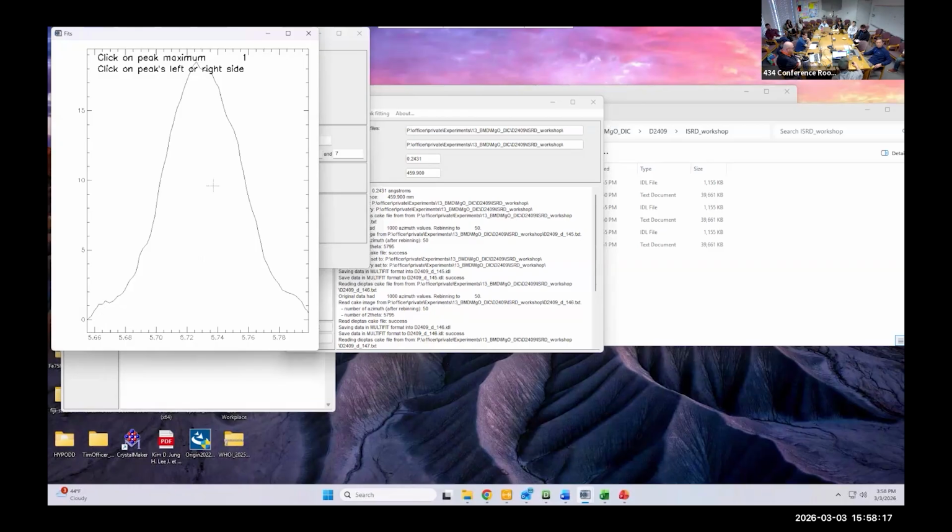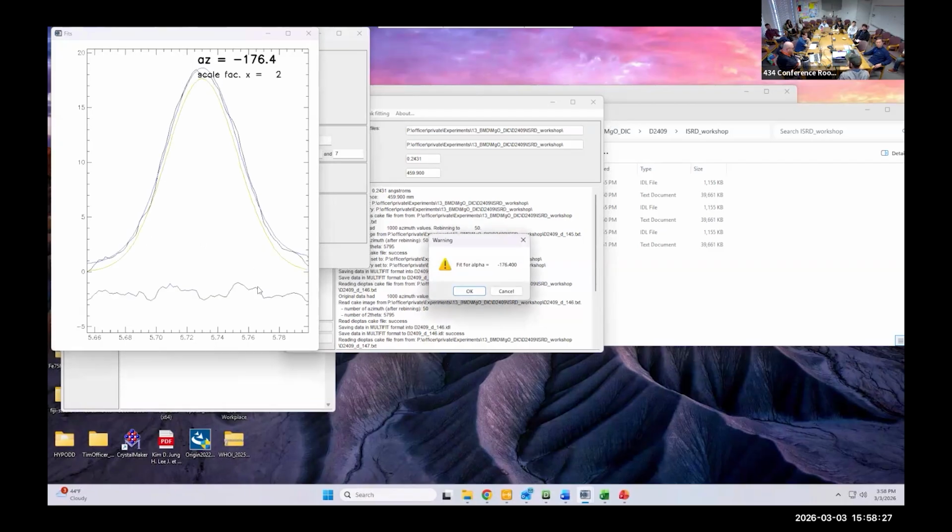It used to be click on the half width. I went towards the bottom, sort of like here. I don't know if that matters, but anyway, you'll click it where it's considered a peak. Yeah, you're trying to enter where the peak turns over, what its maximum is. It's kind of weird the way it's written.